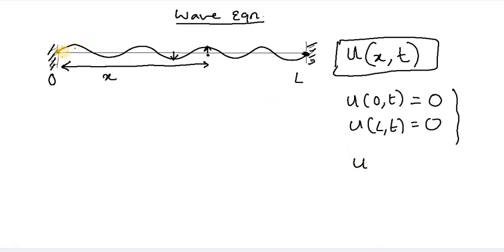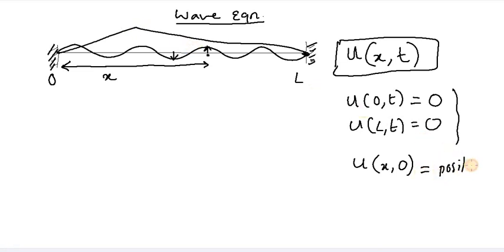Suppose I am pulling it and releasing it from a height, then the initial position may be something like this. This is a function of x, so that is taken as u(x,0), where 0 means initial time. This function is the initial position of the string, and it will be denoted as f(x).